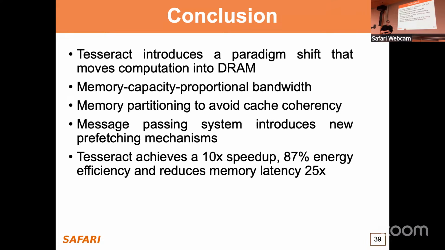We have the memory partitioning, which is there to avoid cache coherency, and the message passing system, which itself is a new thing and allowed for the introduction of new prefetching mechanisms, with the message triggered prefetcher being a more complex version that I've so far not seen anywhere else.